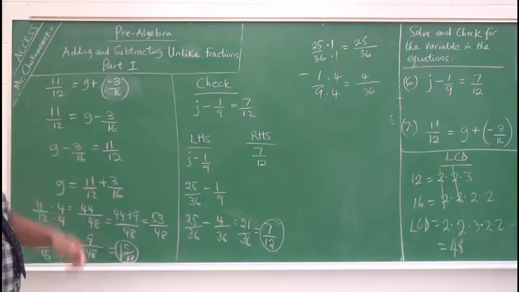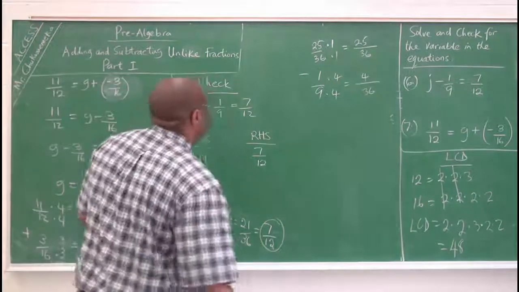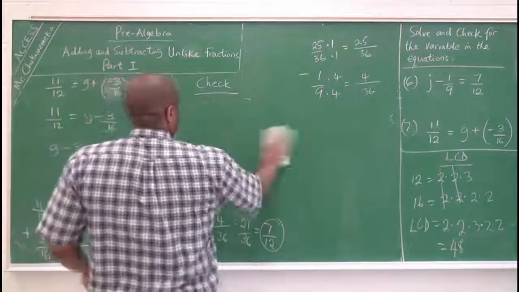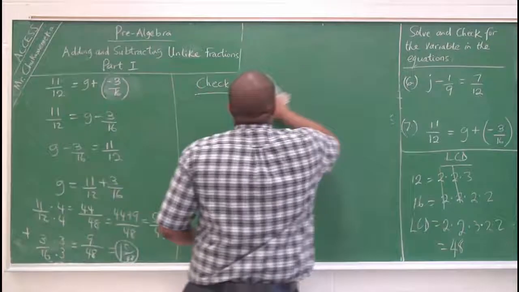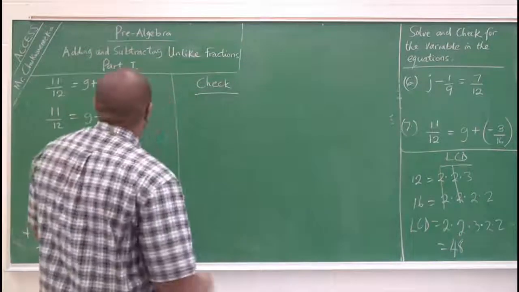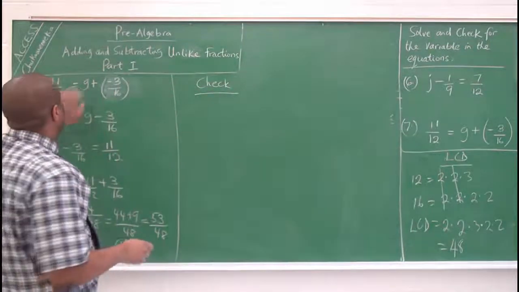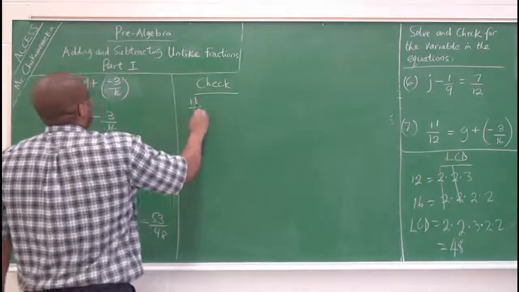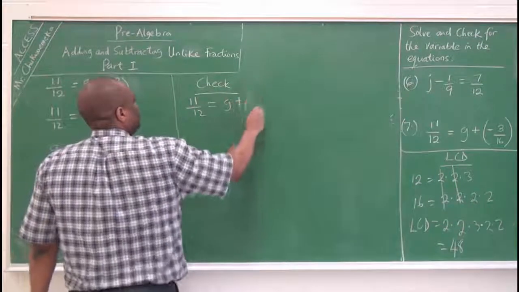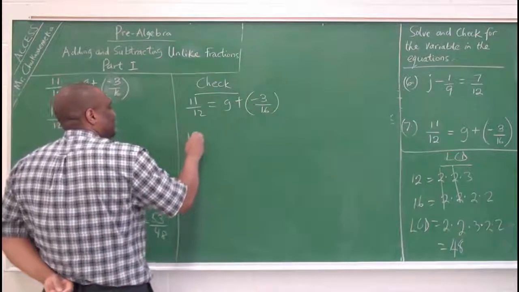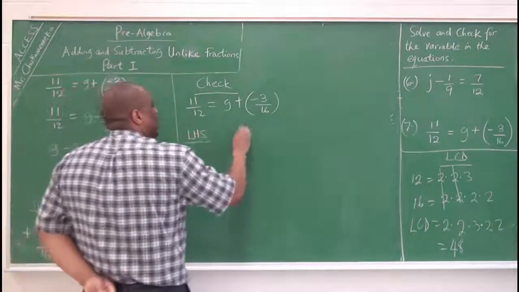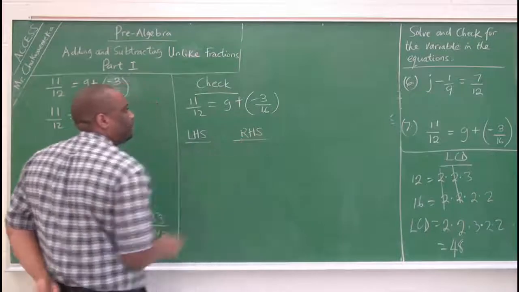Okay, let's check. When we check, what is the first thing we do? We write our what? The original equation. 11 over 12 equal to G plus minus 3 over 16. Then we write our left-hand side and our right-hand side.